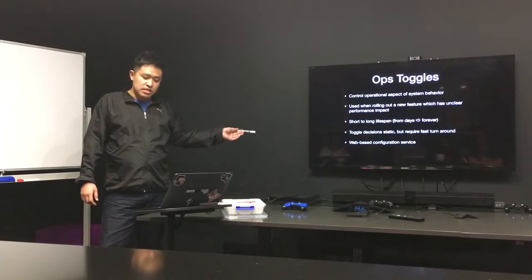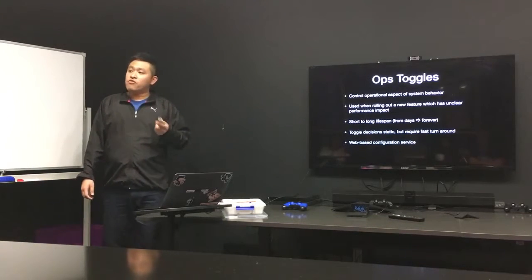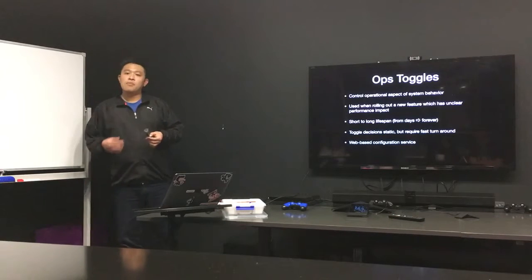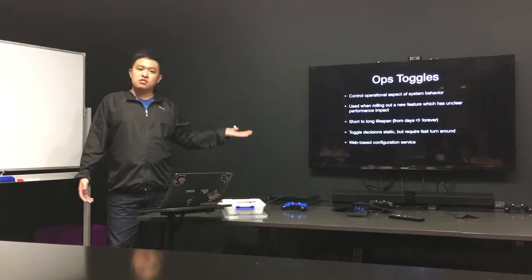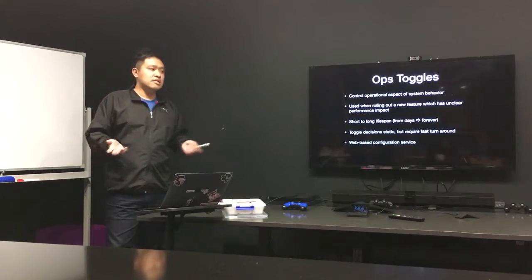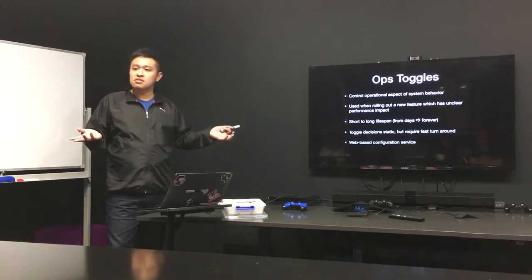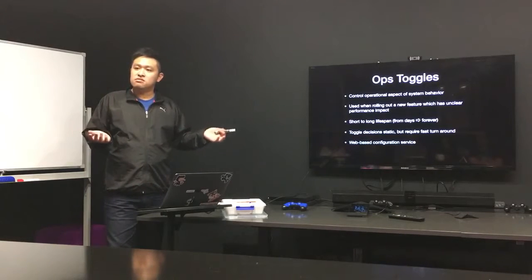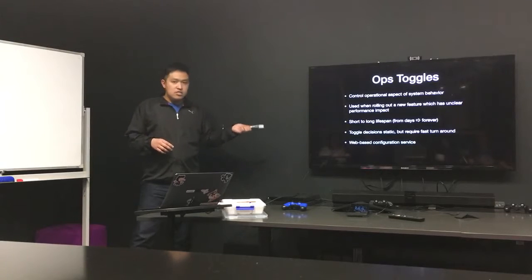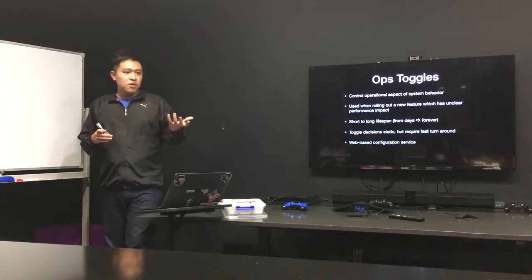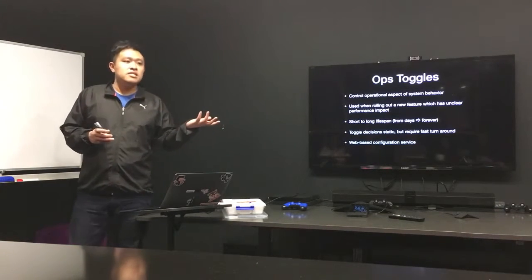It's usually system-wide, but it requires a very fast turnaround time. So you cannot update config files like your web.config, because imagine if you have an ECS cluster with 5,000 instances, it will take you probably 2 days to change all the configs. So you need a web-based configuration service, and this can be as simple as a JSON file sitting in an S3 bucket.